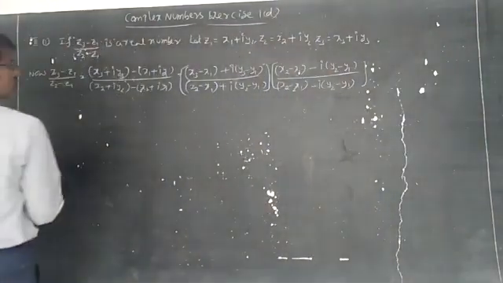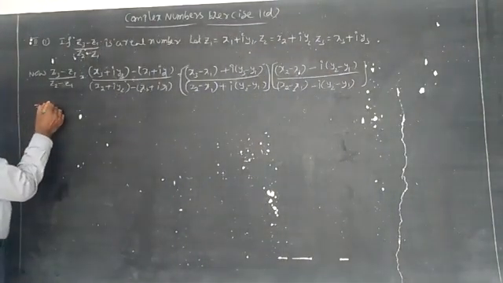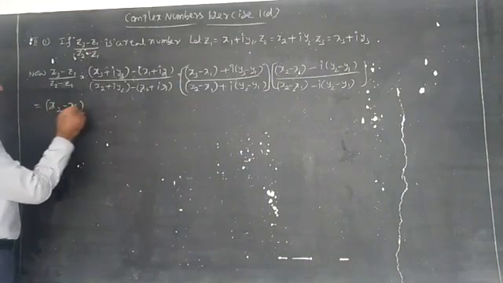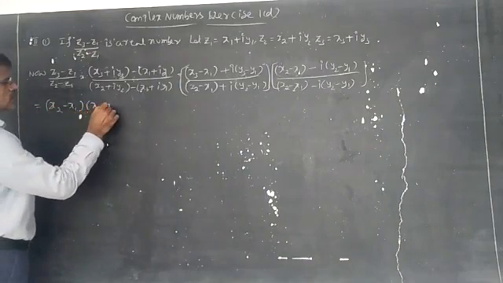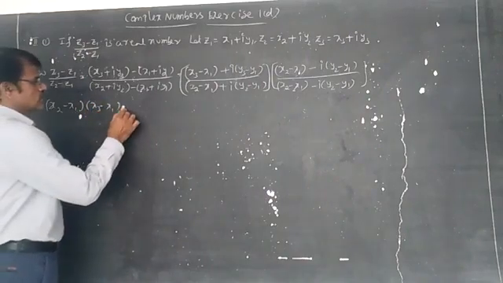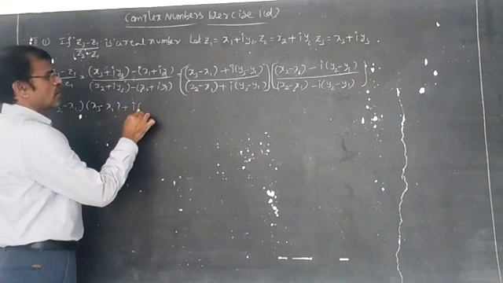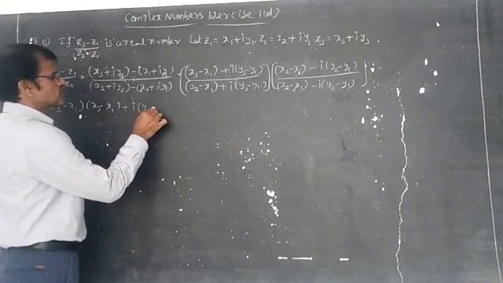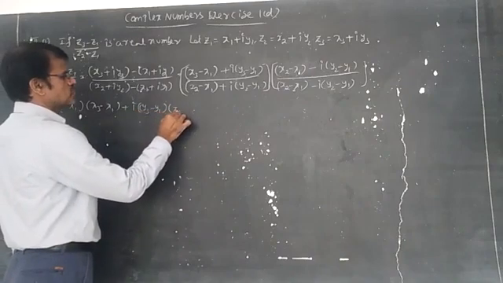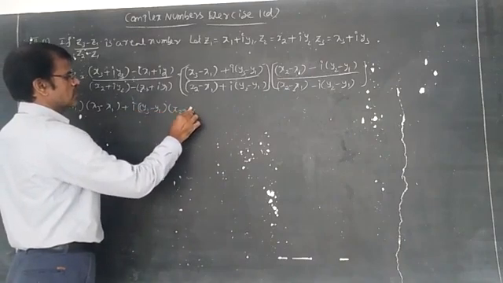Multiply separately to numerator and denominator. So it becomes (X2 minus X1) into (X3 minus X1) plus i into (Y3 minus Y1) into (X2 minus X1).